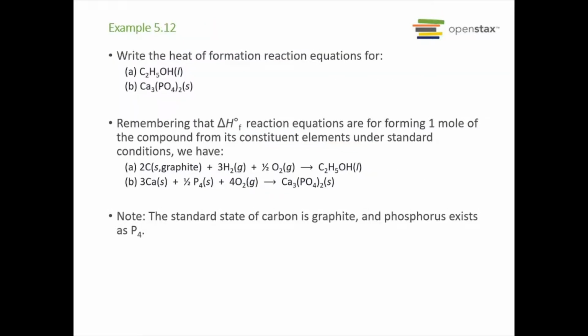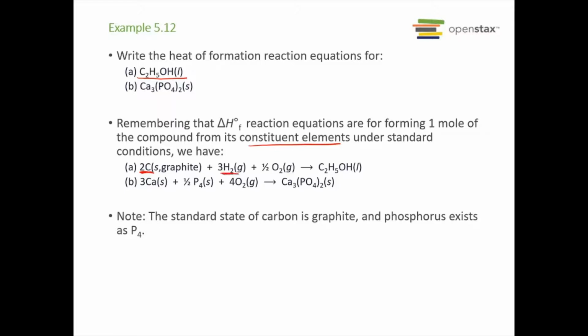So for instance, if we want to write the heat of formation reactions for those two compounds in A and B, we need to first remember that the heat of formation is for forming 1 mole from its constituent elements under standard conditions. So for A, we have carbon, hydrogen, and oxygen. So we need 2 carbons, and graphite is the standard state of carbon.